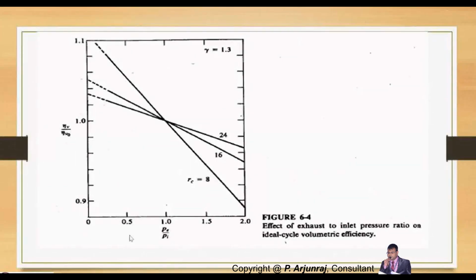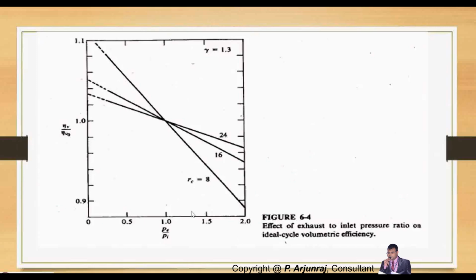So the higher the pressure ratio, the more your volumetric efficiency is going to decrease. And you are also going to see what your compression ratio is. You are going to have the mapping between the compression ratio and the volumetric efficiency, considering the pressure ratio.